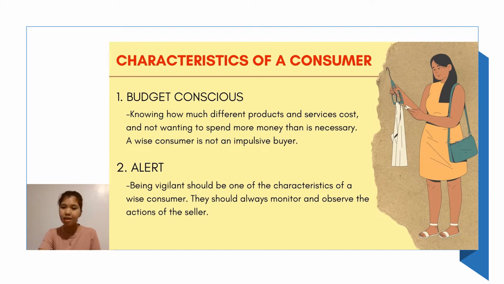Okay? To show alertness, you must be quality conscious, not be misled by false advertisements, and obtain a cash memo. Do not forget that, class. You should always be alert and able to avoid scams because nowadays there are a lot of people who will scam you.